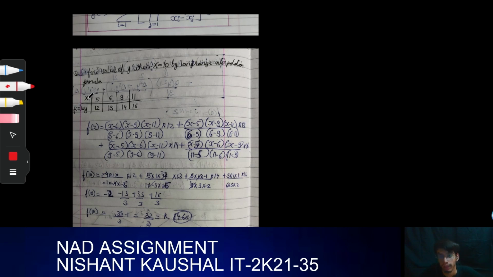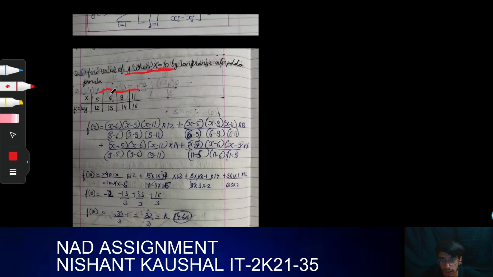See, we have x and y. We have given some data points, like at x equals 5, the value of f(x) is 12. In such a way, data is given, and we have to find the value of y at x equals 10, right?